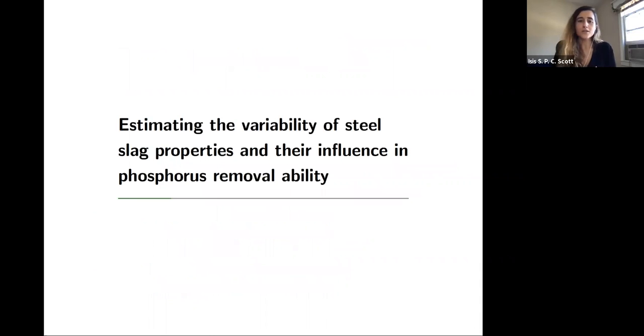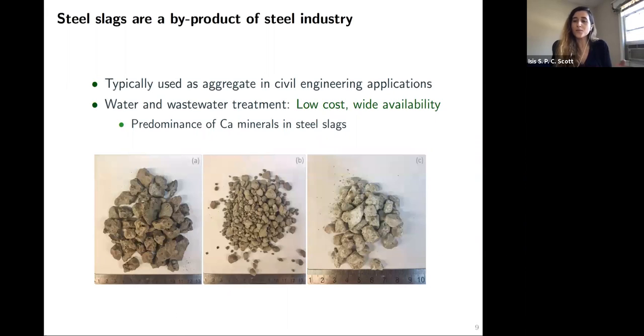So now I'm going to talk a little bit more in detail about each of these researches, starting with estimating the variability of steel slag properties and their influence in phosphorus removal ability. First, what is steel slag? So steel slags are a byproduct of the steel industry. In the US, they are typically used as aggregate in civil engineering applications, including road construction, and its excess is normally sent to landfill.